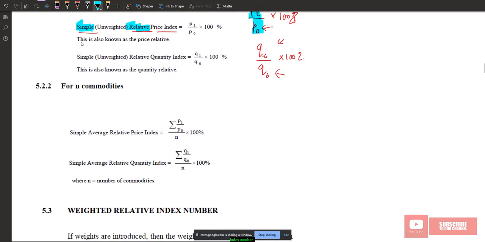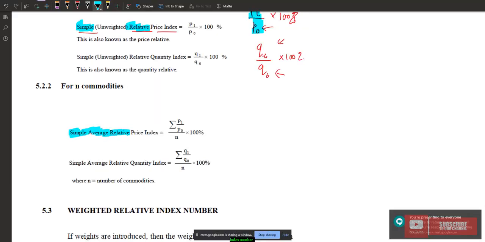If you want to measure for n commodities, if you want to do a simple average relative price index or simple average quantity index, what we need to do is find the average of the price index or quantity index.